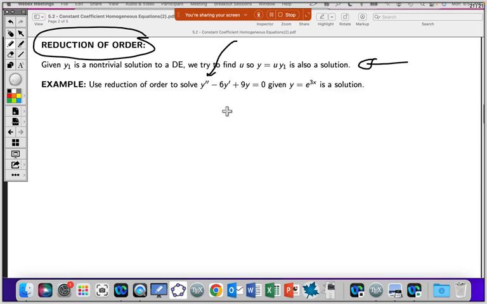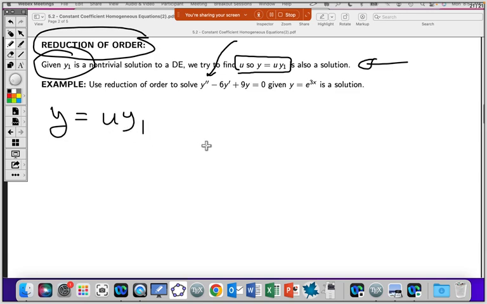Reduction of order says, okay, we've got a second order differential equation. Suppose we've got one non-trivial solution. So what we're going to try to do is find another function, u, so that if I multiply y1 by u, we'll get another solution. In other words, we're going to stuff this into the diffy-q, knowing that y1 is a solution.